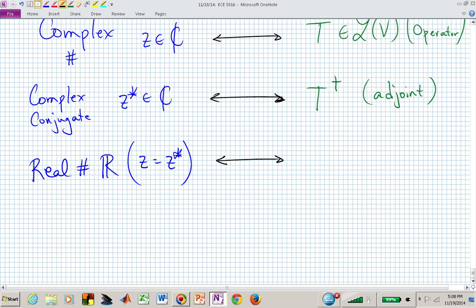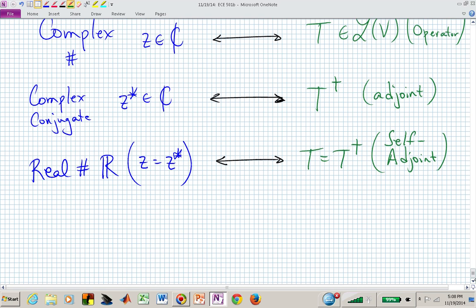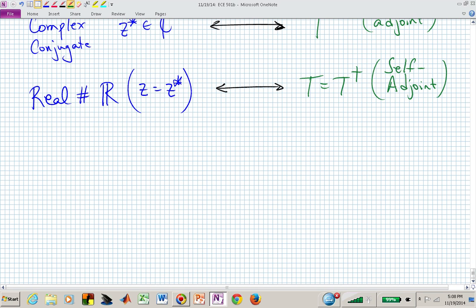Now we are saying that if we had an operator and it's equal to its adjoint, over here on the operator side, that's what we were calling an operator that's self-adjoint. So a self-adjoint operator is like a real operator when we're dealing with this scalar analogy.